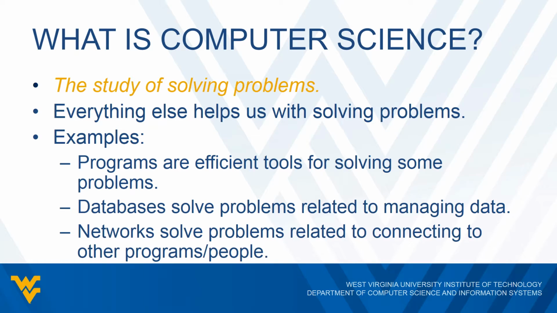Networking in general can solve problems related to connecting programs or people. These are just a couple of examples, but the whole point is that we have different types of problems and tasks that we need to solve. So what we look at in computer science and information systems is, how do we solve these problems? What are some different techniques that we can use for solving them?